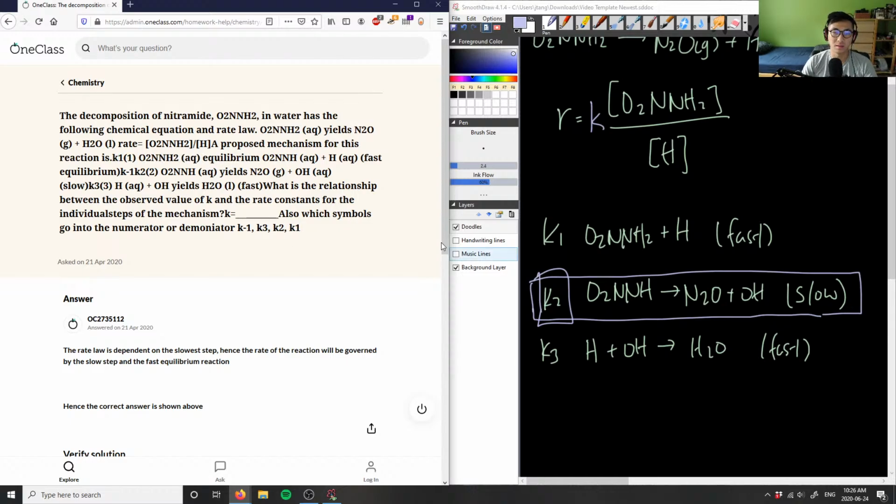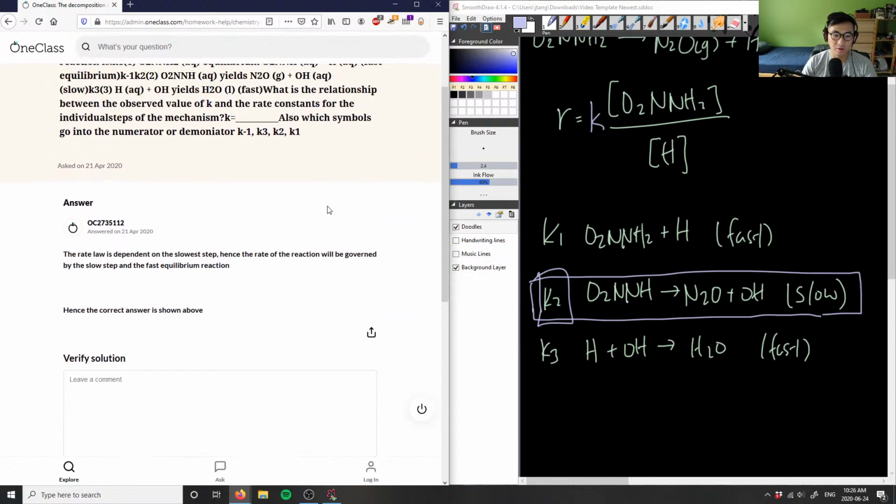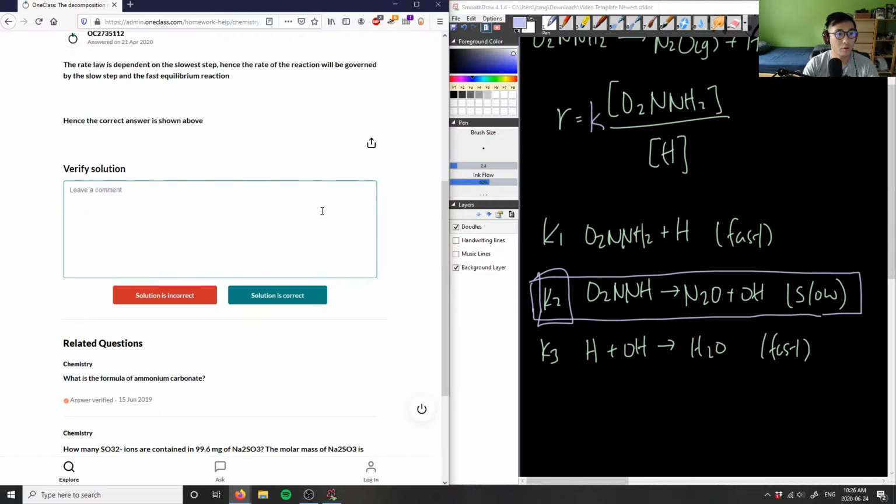But again, because they wrote that the slow step here is K2, we're good in saying that K2 is related to this K here in terms of the rate of the overall reaction. So I'm going to say solution is incomplete, but provides correct logic in this specific question.